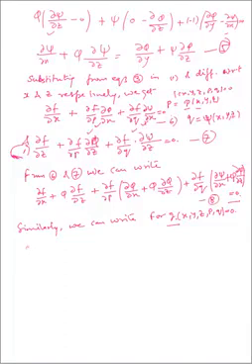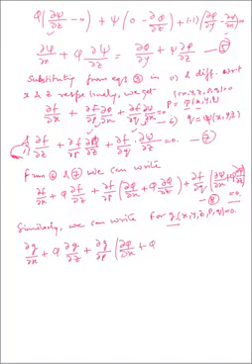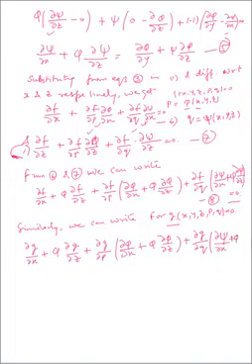So del g upon del x plus phi del g upon del z plus del g upon del p (del phi upon del x plus phi del phi upon del z) plus del g upon del q (del psi upon del x plus phi del psi upon del z) is equal to 0. This is equation 9.